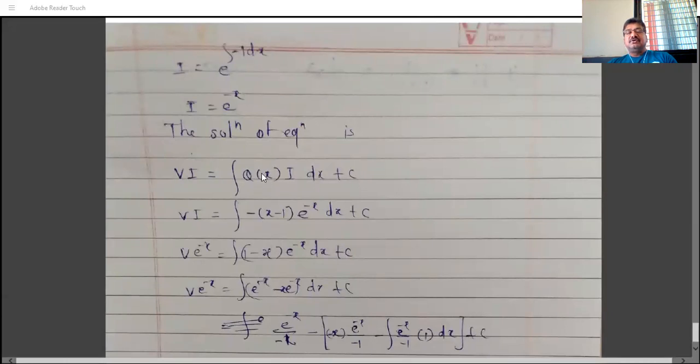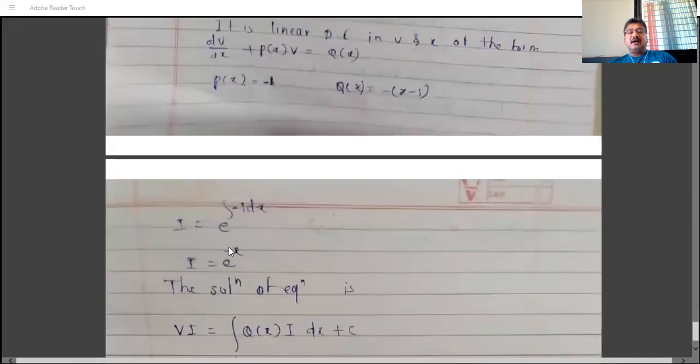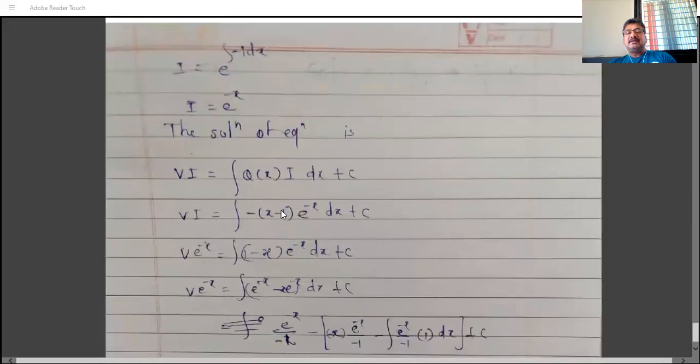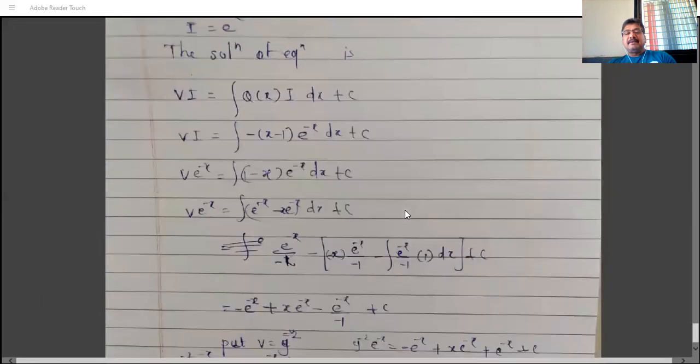So substitute I as e raised to minus x, and Q as minus x minus 1 in bracket, so minus (x minus 1), and I as e raised to minus x. Similarly here also substitute e raised to minus x, dx plus c.